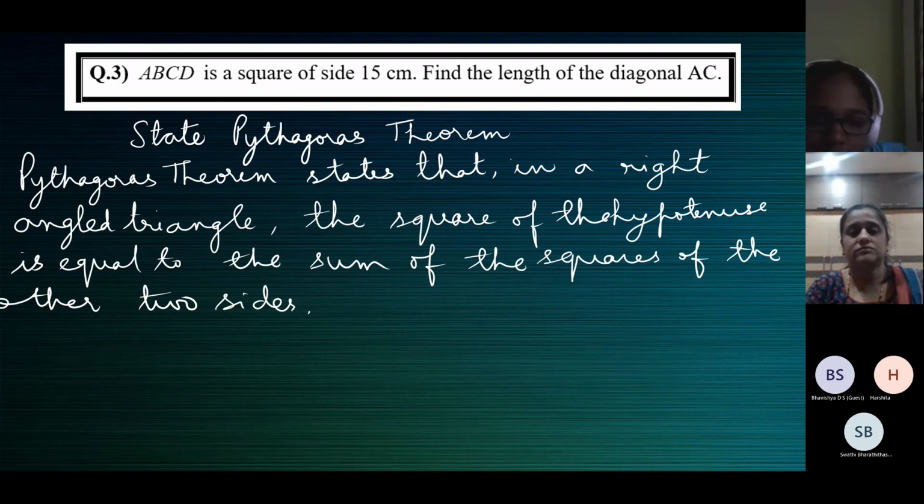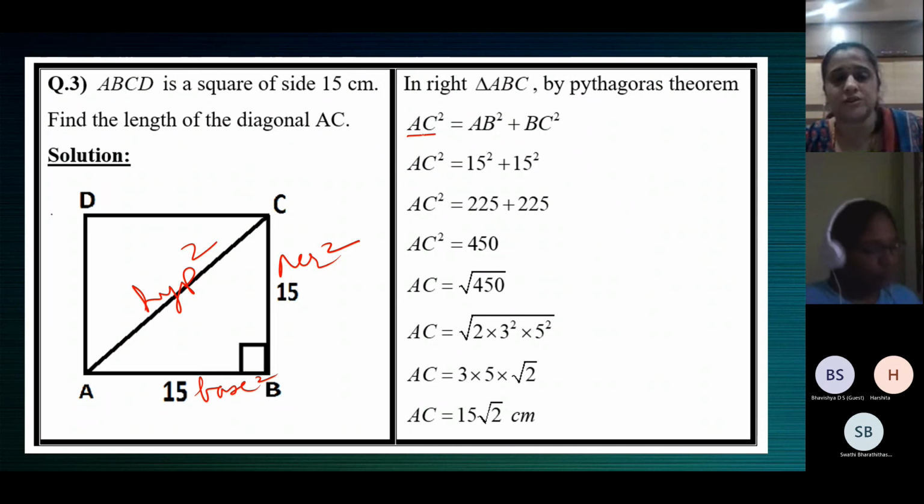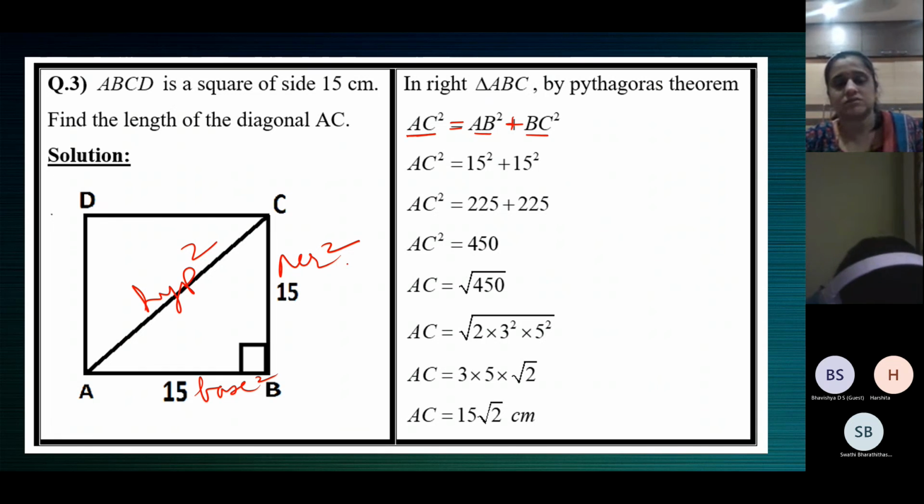Yes, ma'am. All right. So you can see it here. The square of the hypotenuse is equal to the sum of the squares of the other two sides. So AC square is equal to AB, which is 15, 15 square, plus BC, also 15, 15 square, because all the sides of the square measure 15 centimeters.